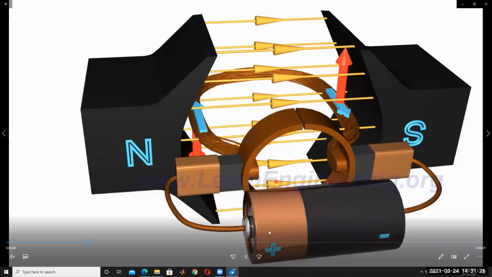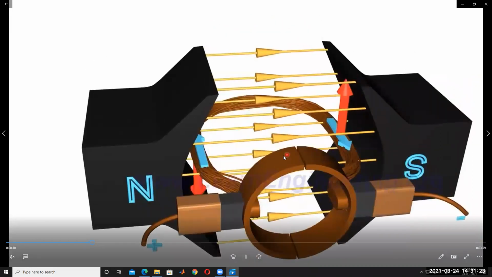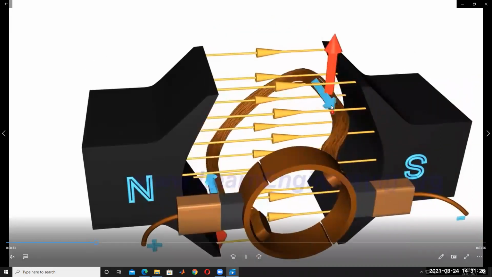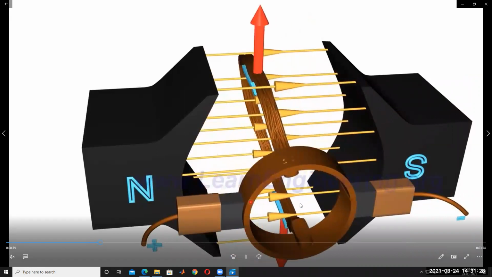So the flux is generated, the torque is generated, and it rotates in this manner.